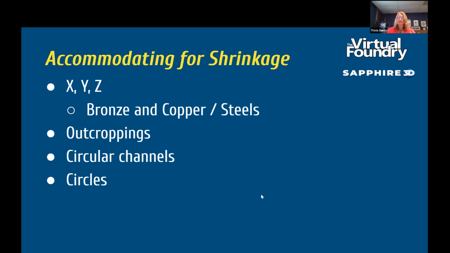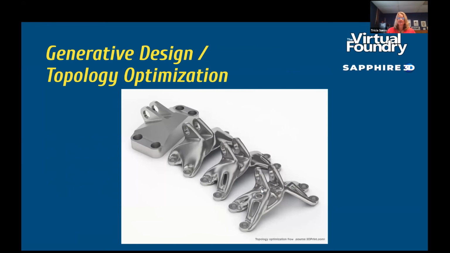Right, well, let's dive right into the generative design topology optimization conversation. We can see in the upper left here a part that was designed to be manufactured through the machining process. It's a block and it's had material taken away from it. As we move forward, material is being taken away, but we still have the fastening holes everywhere that they should be.